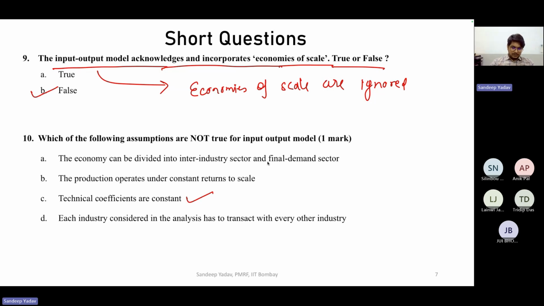This statement must be wrong because it's not necessary for each industry to interact with every other industry. The other statements are true. Only one statement is not required, not necessary.